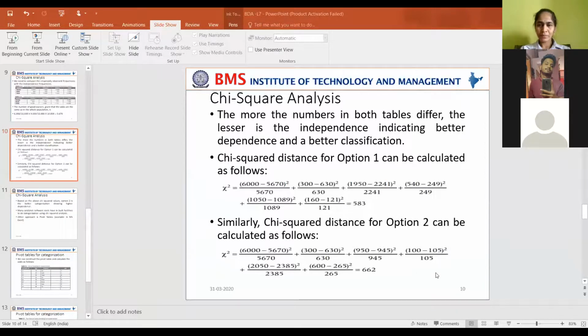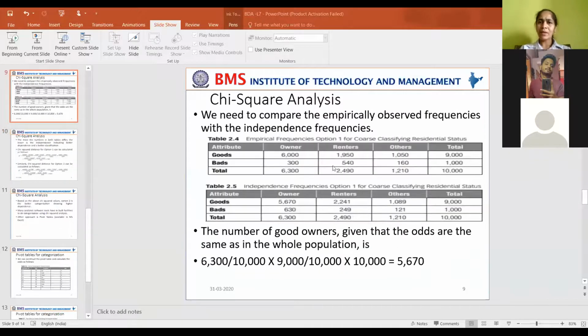Like the groups. See, in the initial case, we have done 2 types of categorization, option 1 and option 2. But we do not know which is the best categorization, right? Now, how do we consider the options? That is through some domain knowledge.